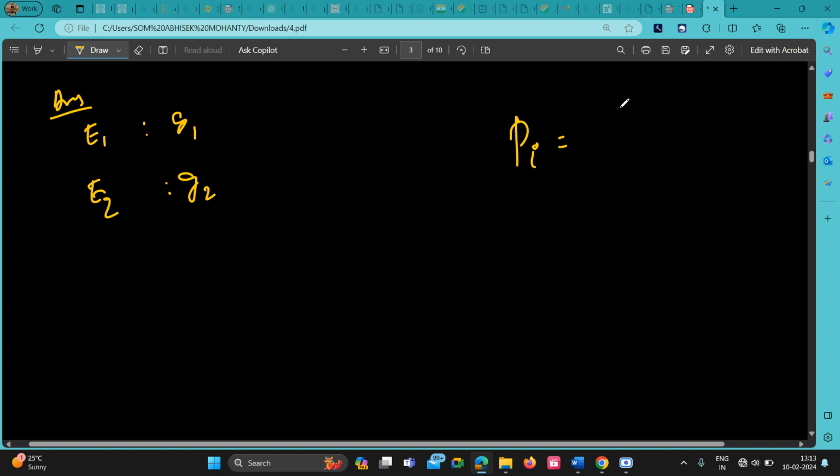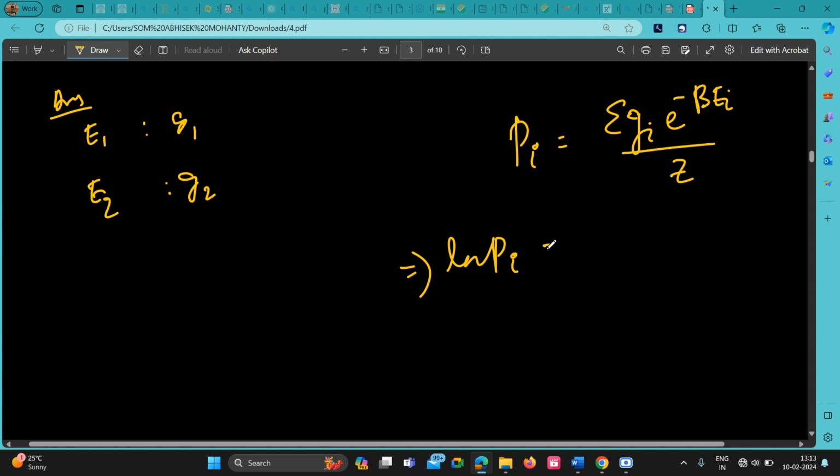Probability we know Pi is equal to Gi e to the power minus beta Ei by Z. Yeah, this is the probability, isn't it? So, if you see, ln Pi will be how much?